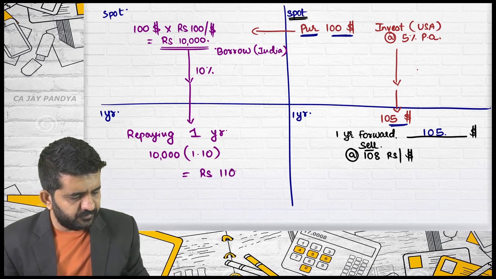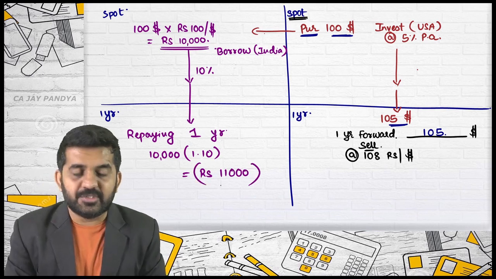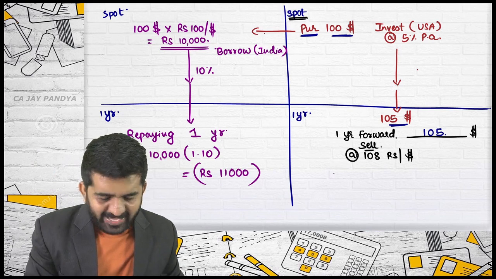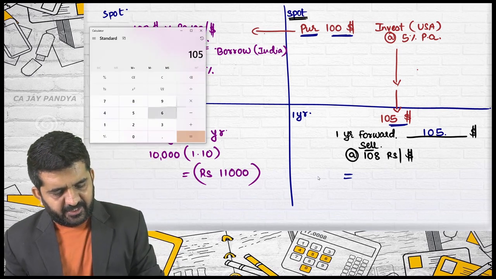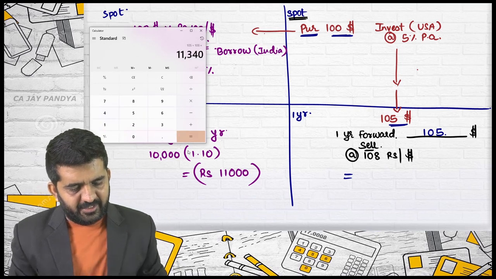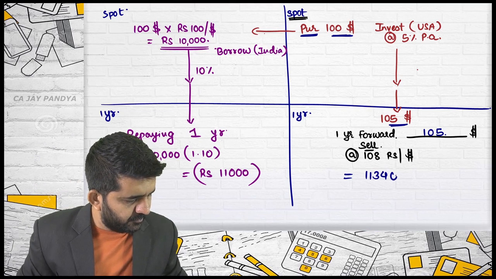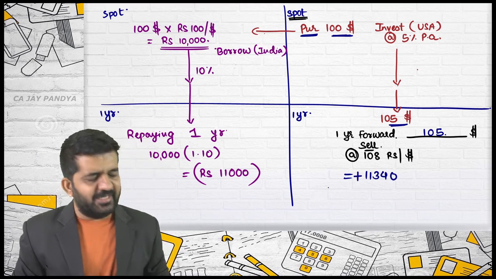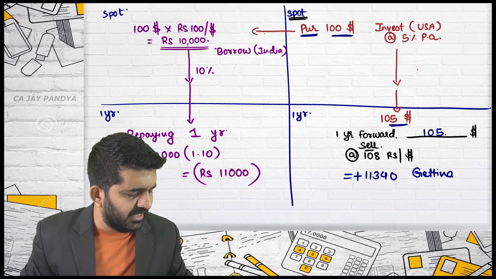As I am repaying, I am writing negative. What will I be getting then? I will be getting 105 into 108, it is 11,340. As I am getting it, I am writing plus.